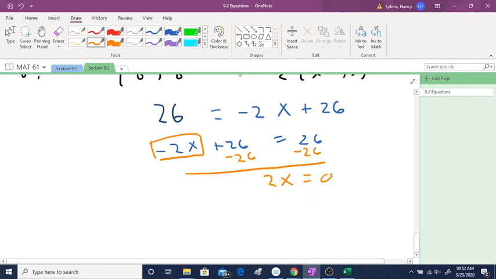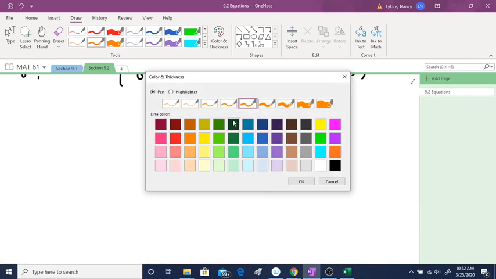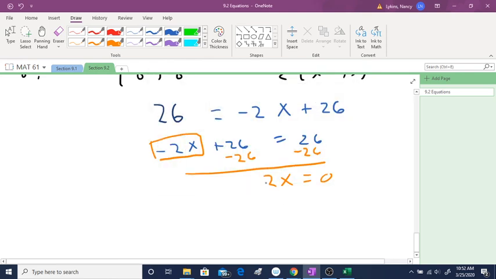No. What you want to do is still what we've been taught: that's 2 times x, so you do the opposite of multiplication, divide. Now x equals 0 divided by 2, which gives you 0. This is what we want right here, 0.